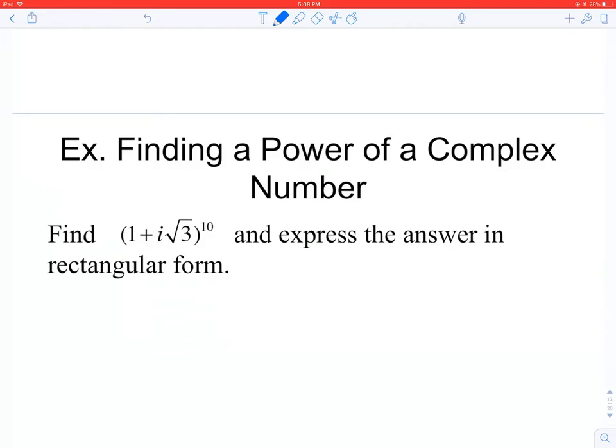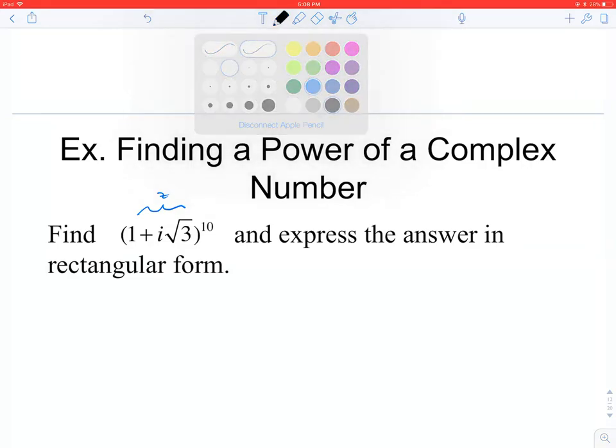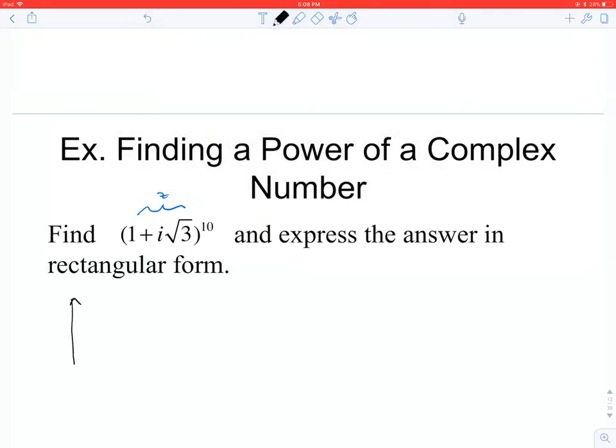So in this example, is that the exact number I put? Oh, that's funny. Okay, but to the 10th power, not the 12th power. So we're going to first rewrite the complex number z in polar form. To do that, we're going to sketch it in the complex plane.